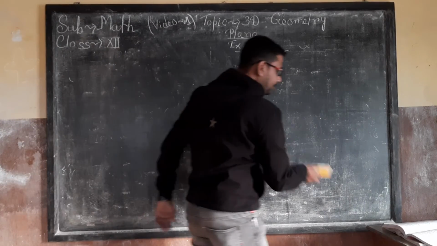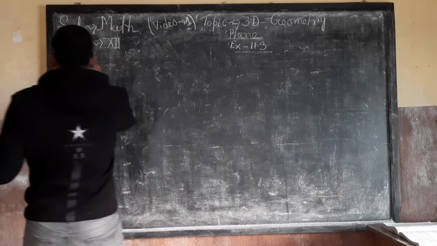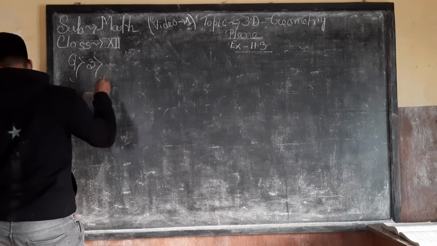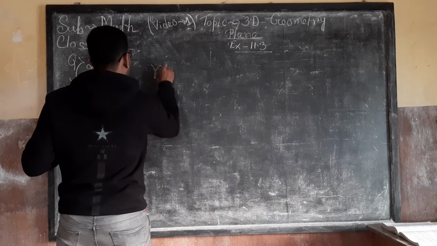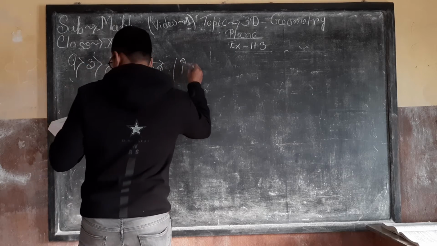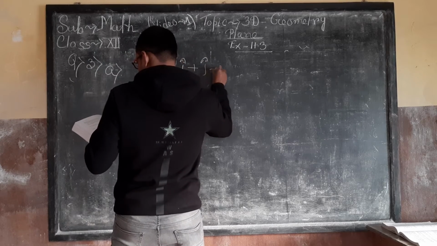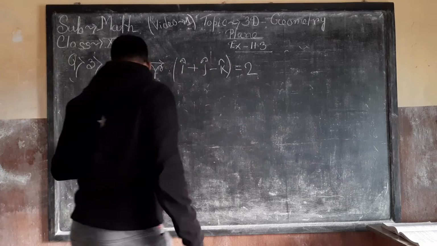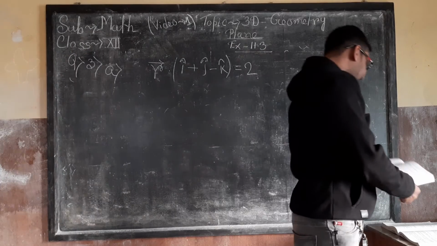The next one, question number 3A. The r vector dot i cap plus j cap minus k cap is equal to 2. Find the Cartesian equation of this plane.